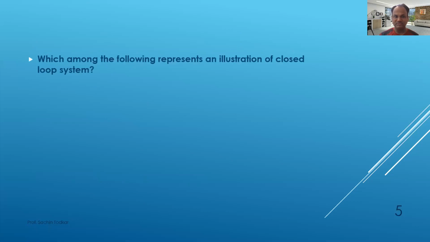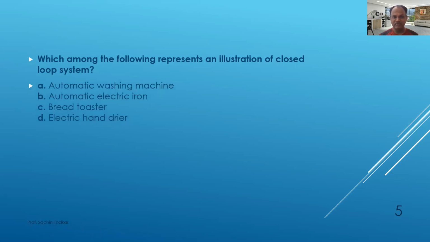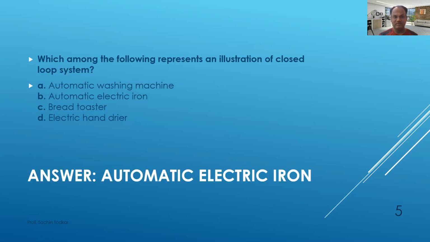Now the next question is, which among the following represents an illustration of a closed loop system? Automatic washing machine, automatic electric iron, bread toaster, or electric hand dryer. All the examples are similar to each other, but the closed loop system is only the automatic electric iron, because in an automatic electric iron there will be feedback of temperature.